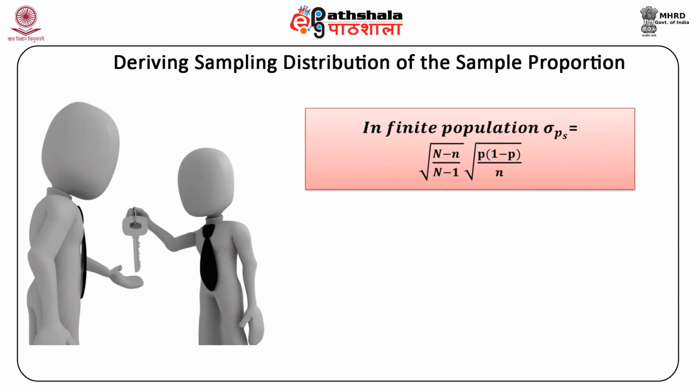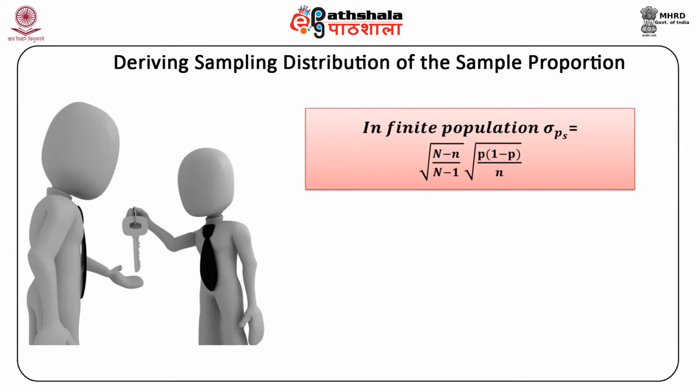Therefore, the standard deviation of ps in case of a finite population is sigma ps equal to under root of (capital N minus small n) divided by (capital N minus 1) into under root of p into 1 minus p divided by small n.